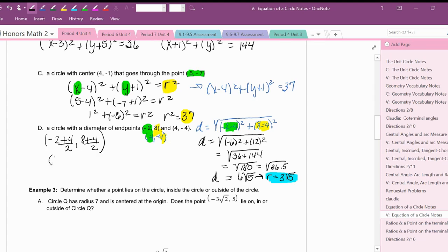Then I would have 2 over 2, 4 over 2, 1 comma 2. So here's my center. And now I just put all of that together into the formula. X minus 1 squared plus y minus 2 squared equals r squared. So that's 3 times 3 is 9 times 5 is 45.